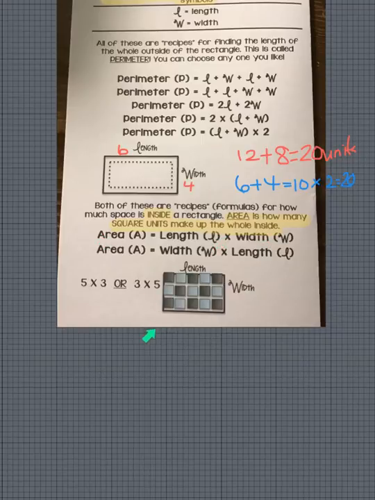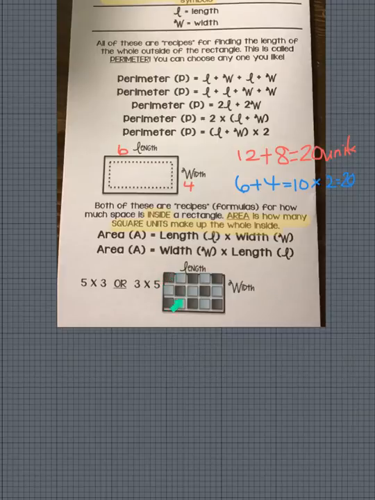Just like an array where we multiply length times width, or how many rows of how many pieces. So here's 3 rows of 5. This row has 5. 1, 2, 3, 4, 5. 1, 2, 3, 4, 5. 1, 2, 3, 4, 5. We can do 5 times 3 or 3 times 5, because I could look at it this way.